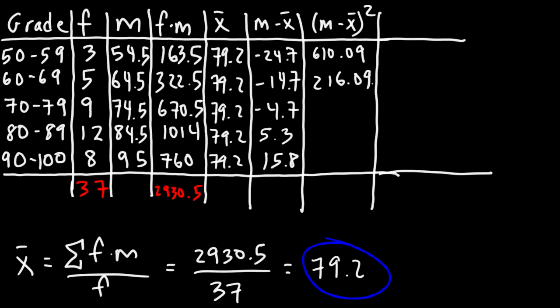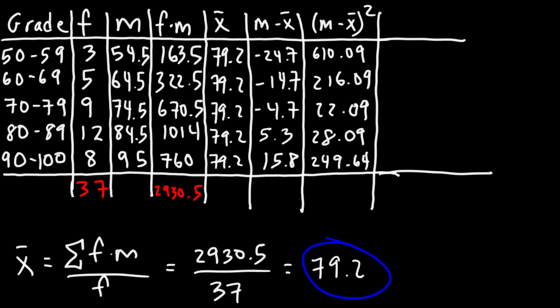And then 4.7 squared is 22.09. Next we have 5.3 squared. This is going to be 28.09. And for the last one, it's 249.64.